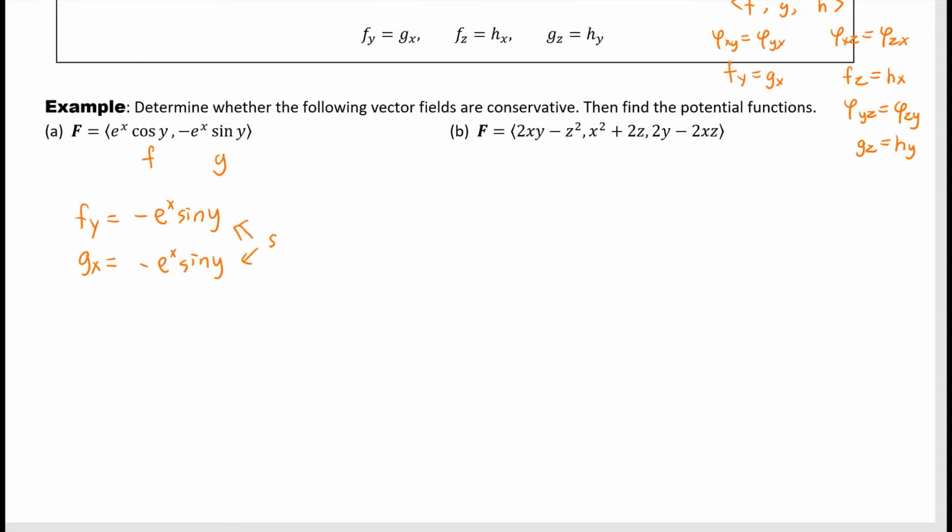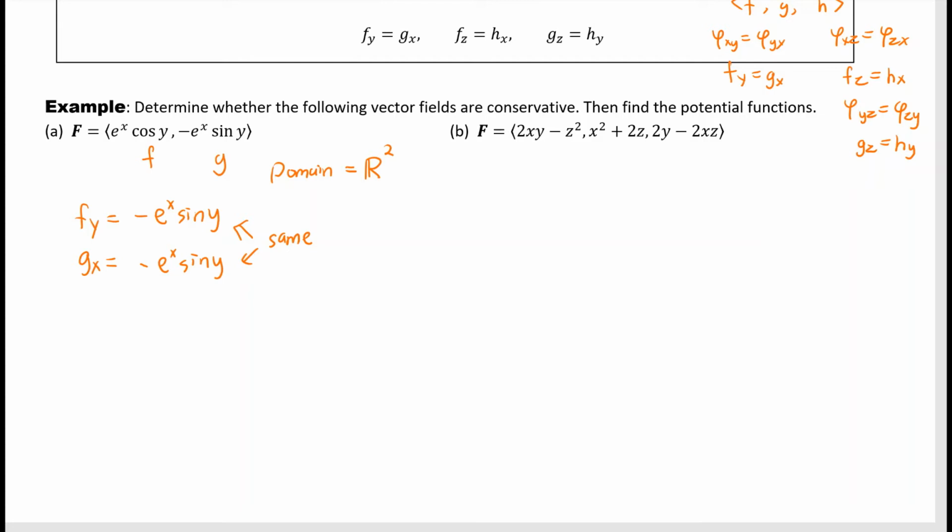Oh, they are the same. And what is the domain for the vector field? That's the whole R2, and R2 is connected and simply connected. Because F_y equals G_x, we know F is a conservative vector field, so we should be able to find a potential function.